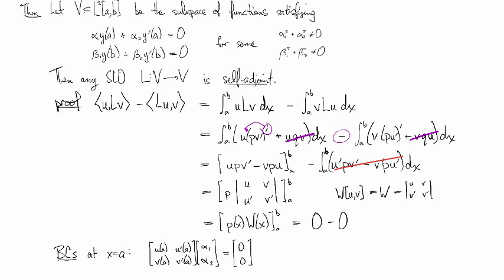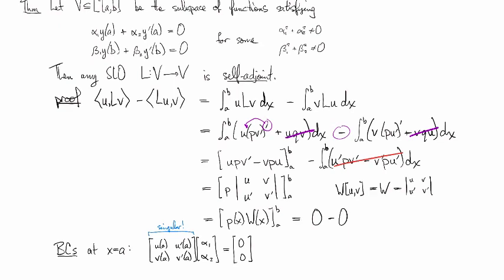Our requirement is that alpha 1 and alpha 2 not both be 0, which means that we are requiring a non-trivial solution to this homogeneous equation. And if you remember your linear algebra, that means that this matrix has to be singular, non-invertible. A matrix is singular if and only if its determinant is equal to 0.